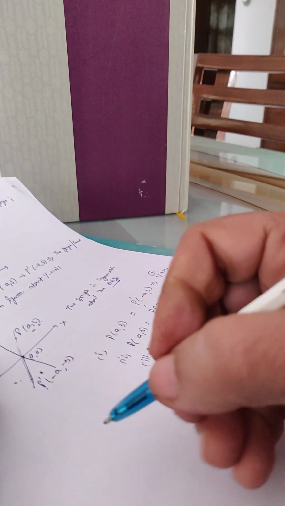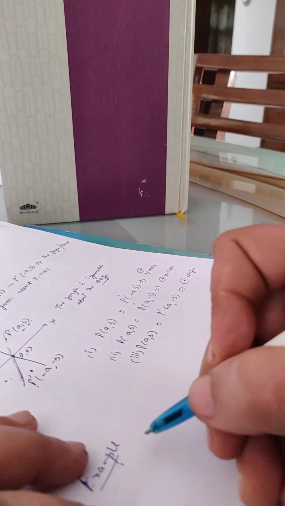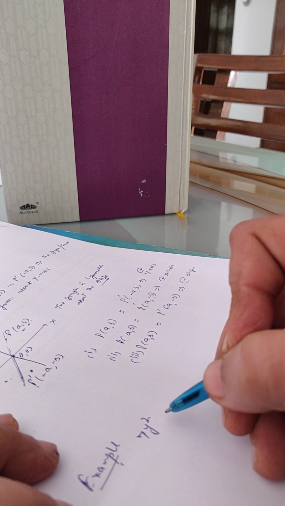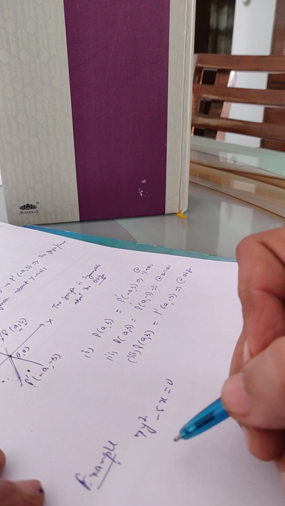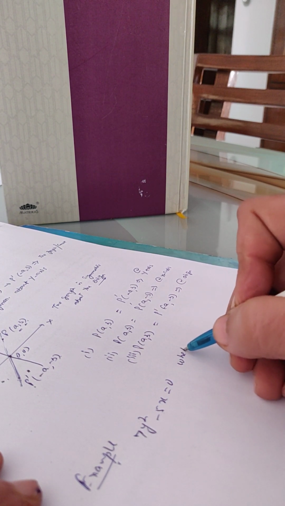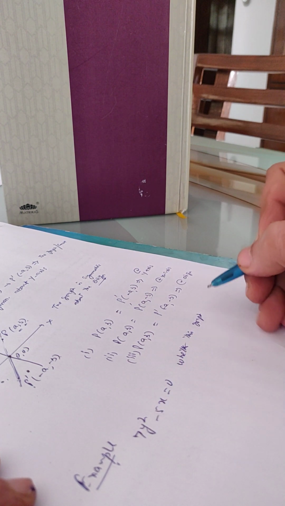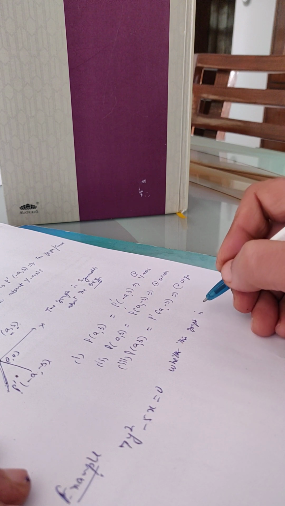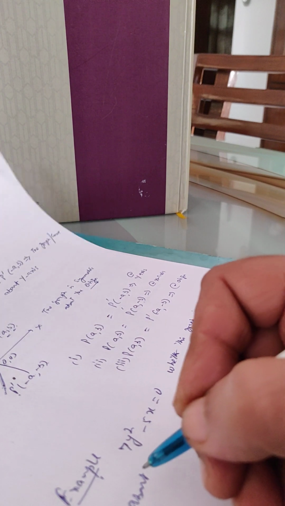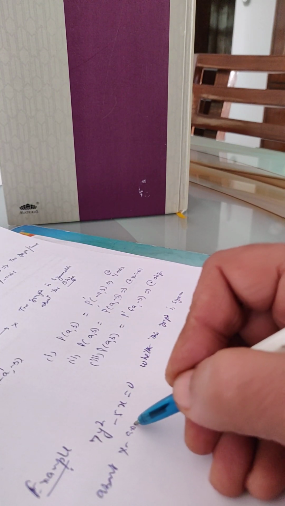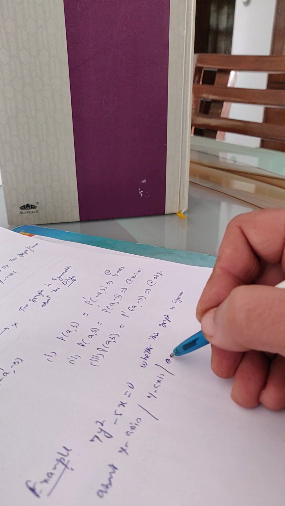Now we take the application. We take an example. Suppose you have an equation 7y square minus 5x equal to 0. You want to study whether the graph of this equation is symmetric about the x-axis or y-axis or about the origin.